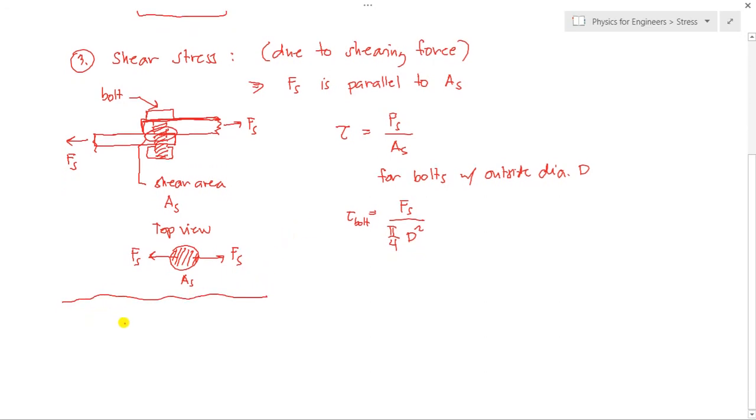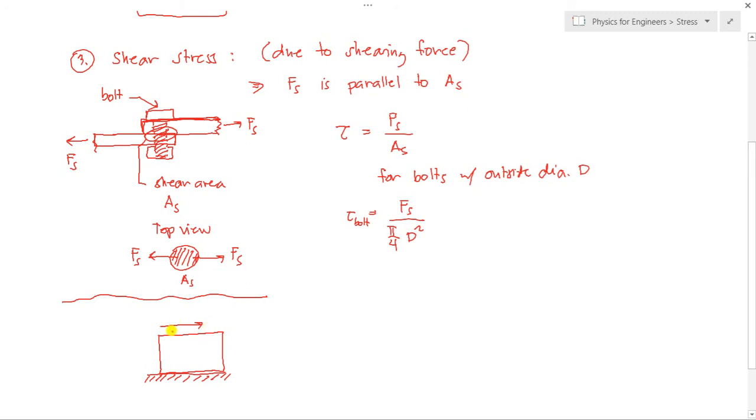Dagan mo gay orientation for shear stress. We also have, let's say, this one. We have here a fixed ground, and then we have here an object, a rectangular object. And then what if ma-apply tag force sa upper part?